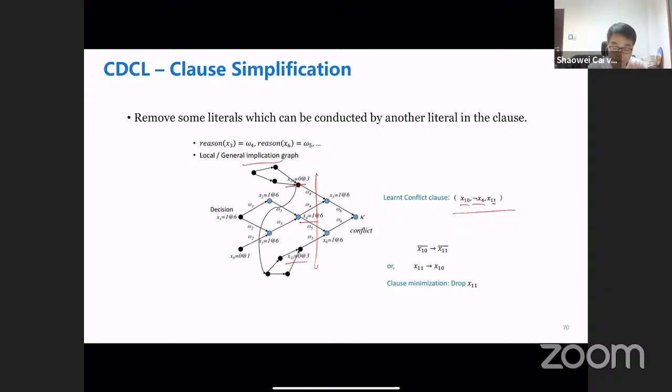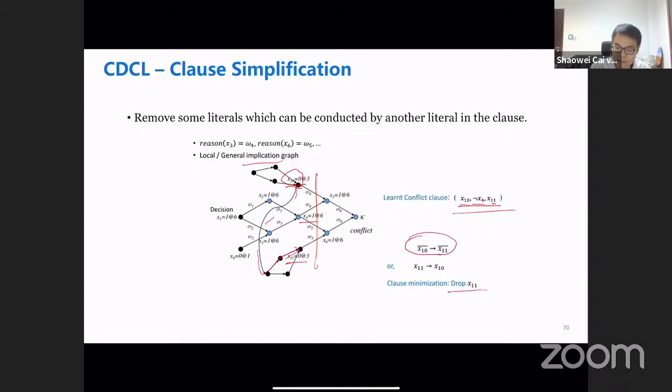It corresponds to 3 literals. And in this implication graph, we found that there is a connection between x10 and x11. If x10 is assigned to 0, then we can imply that x11 must be 0, or the opposite. So there is redundant information in this clause.